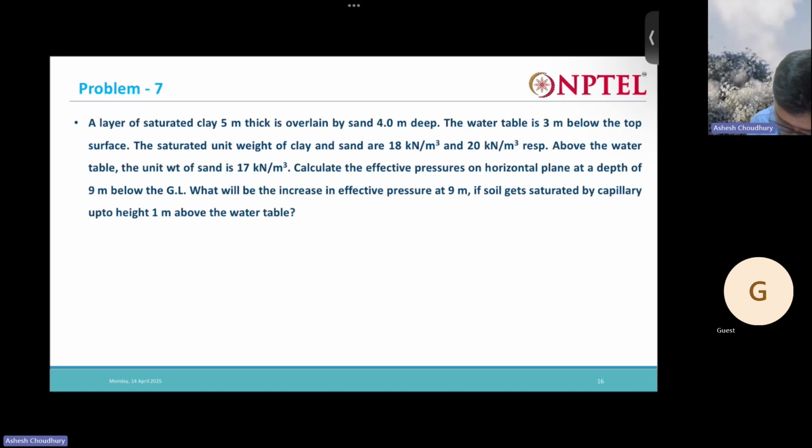So you have saturated clay overlain by 4 meters of sand. So you have a 4 meter thick sand that is overlain by a 5 meter thick clay.